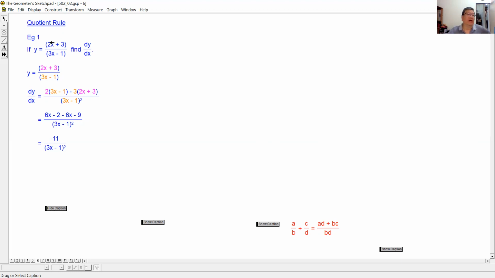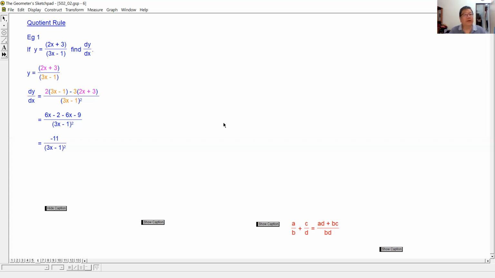Now, a question like this, with one bracket at the top, or maybe no bracket, never mind, with a function at the top and another function at the bottom, at the denominator. One at the numerator, one at the denominator, this is the quotient of two functions. That means it is the division of one function by another function. So if you see a line across like that, that means you use quotient rule.